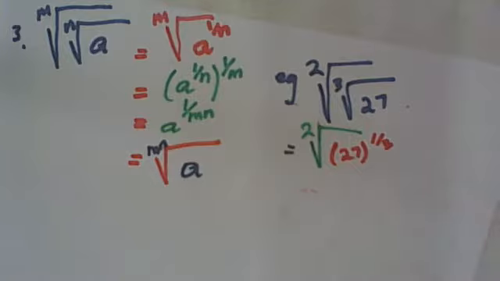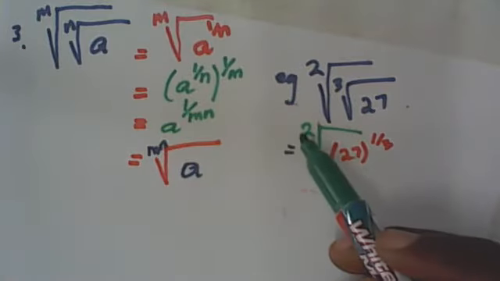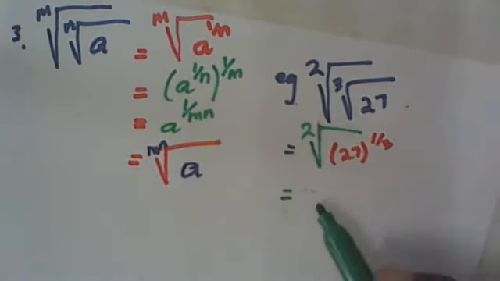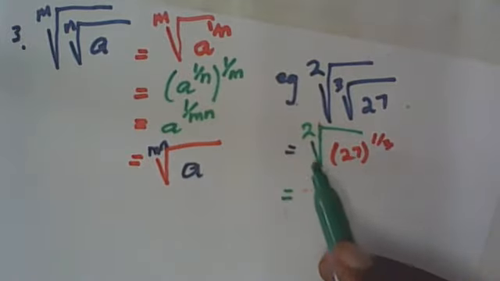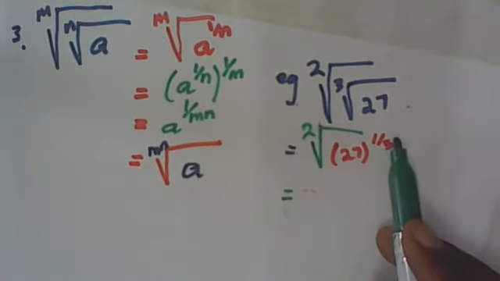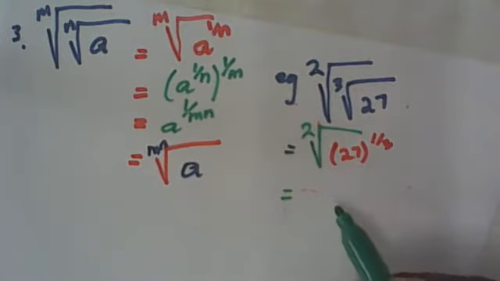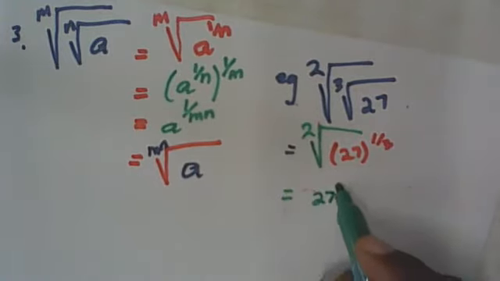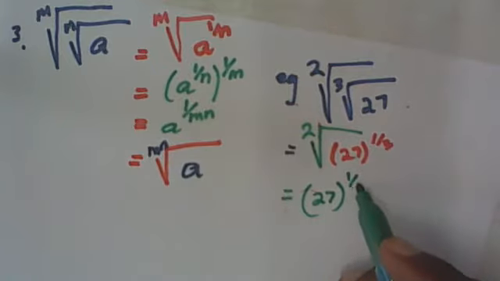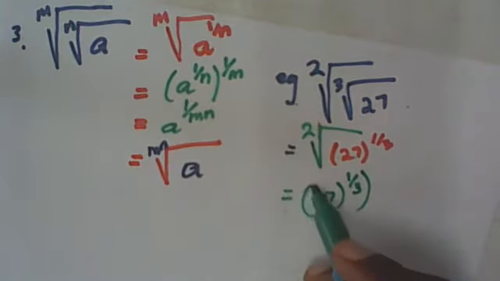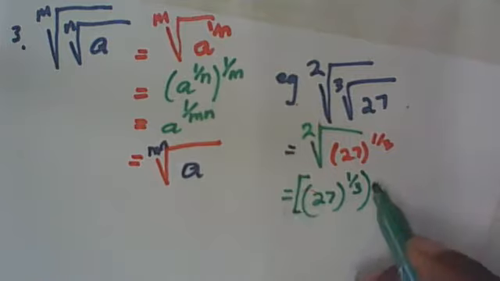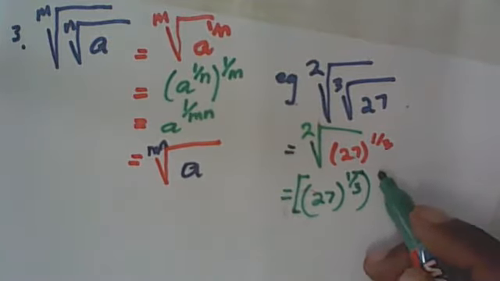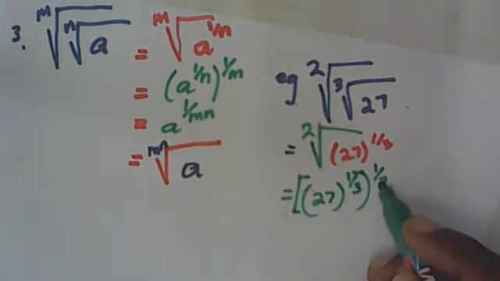And then what happens to that? Then again you have the second root of this, which is the square root. So you will be having 27 to the power 1 over 3, then to the power 1 over 2.